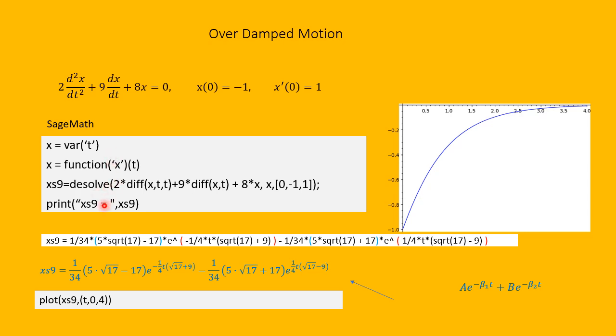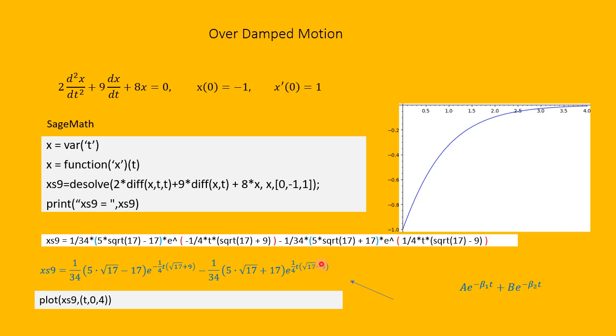When we run this code, we will get that xs9 is equal to all of this stuff, and it's kind of hard to read in that form, so I wrote it again out here. Basically what we have is a constant times e to the minus 1/4 t times this constant, minus this constant e to the 1/4 t times this constant.